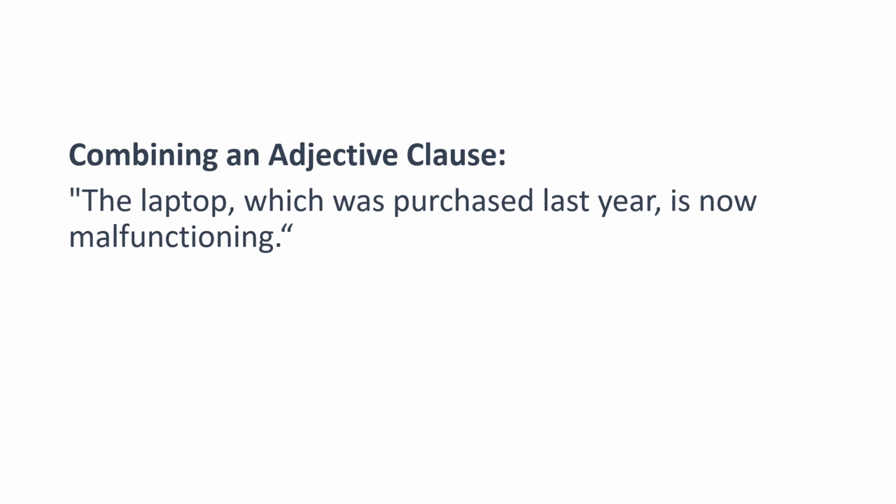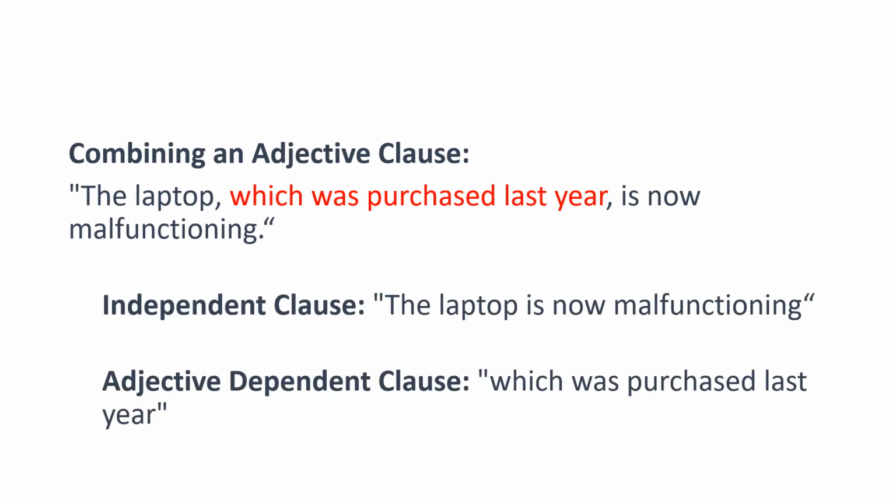Before I give you the answer, find out your own answer in this sentence. The independent clause is the laptop is now malfunctioning, and dependent clause is which was purchased last year.